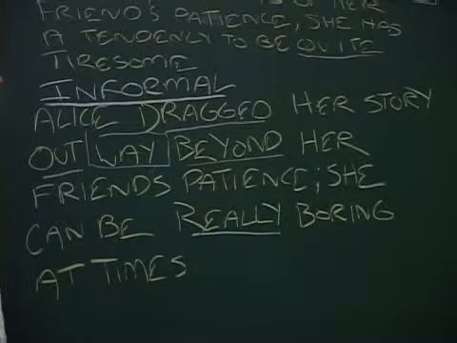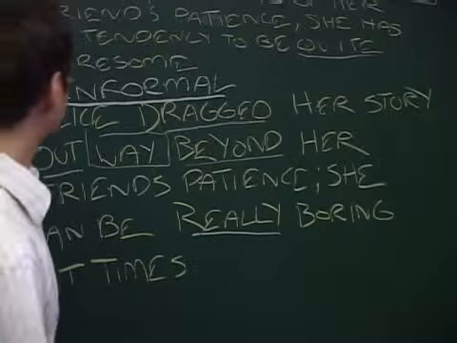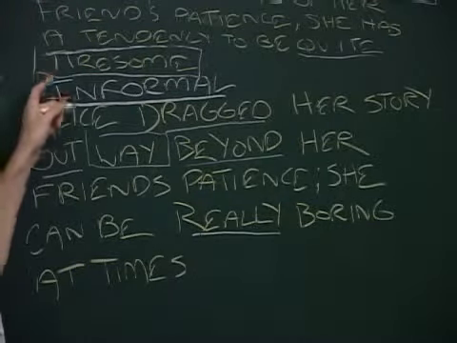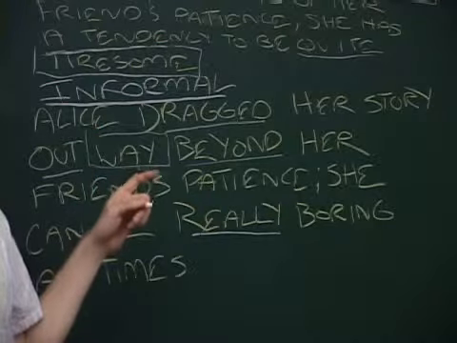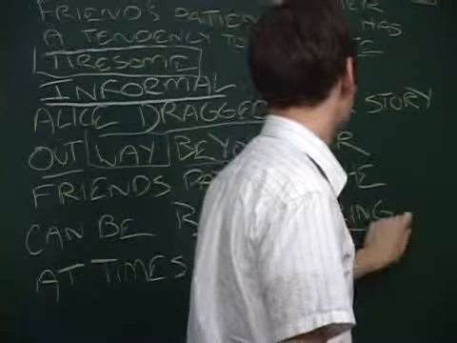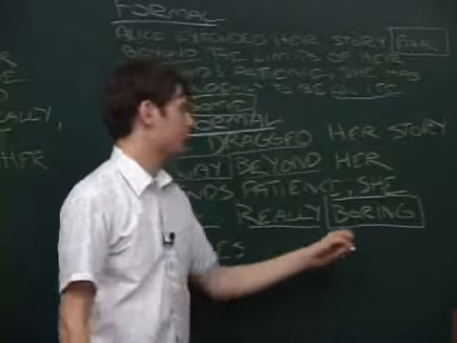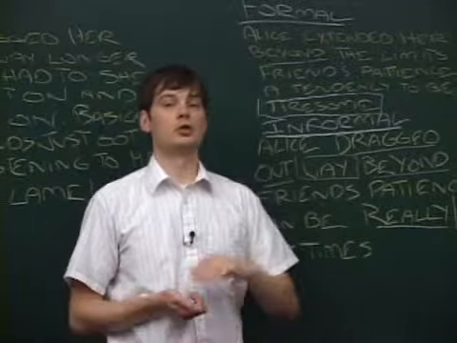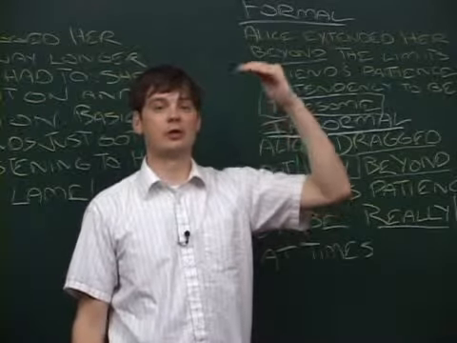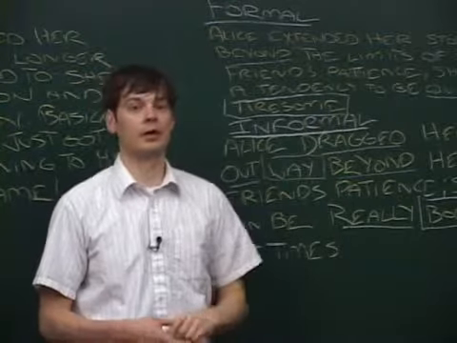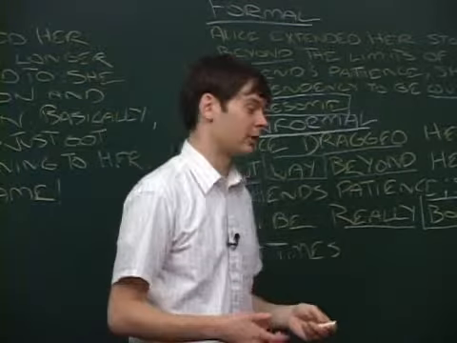And then up here, I use tiresome, right? Tiresome's a little bit more of a formal word than boring. Typically, when we're speaking, we'll just say, she's boring. However, you can move up the ladder. You can go with higher language, and higher language really is kind of tiresome, right? It makes you tired talking to her.